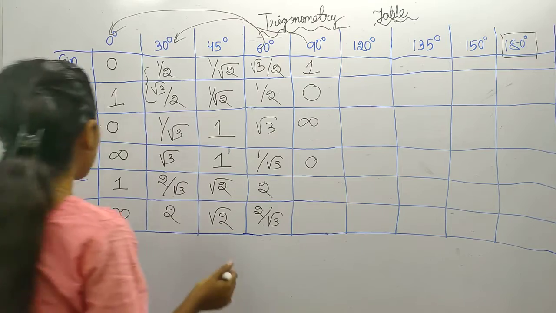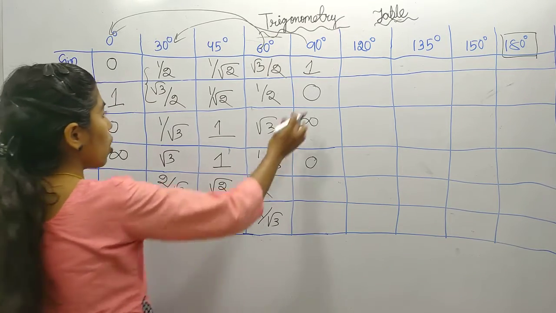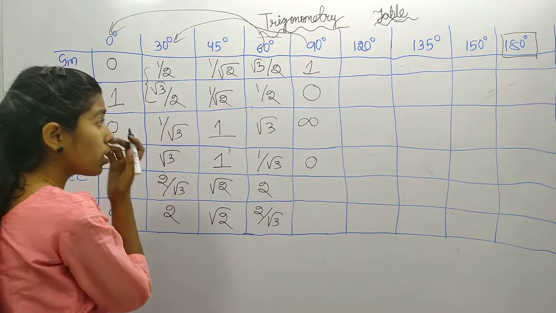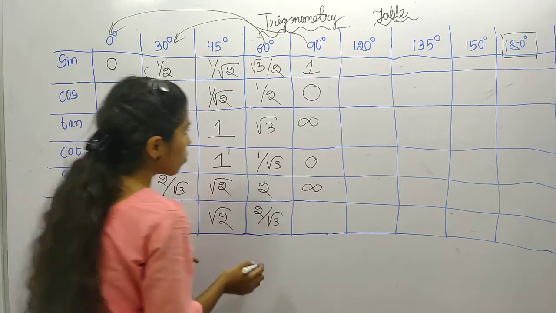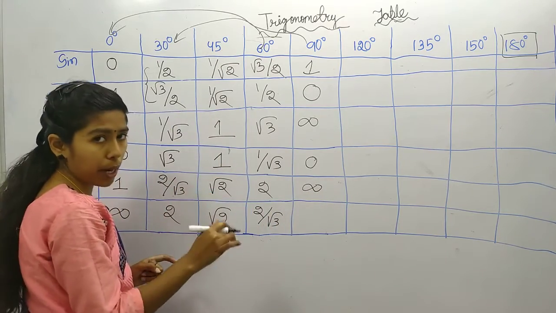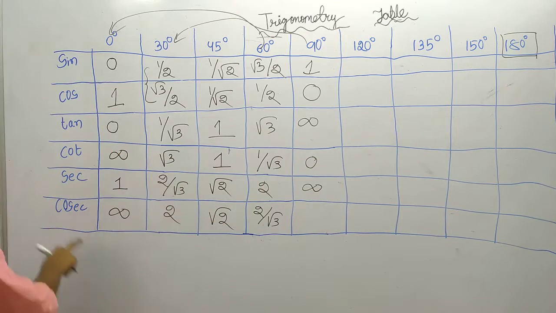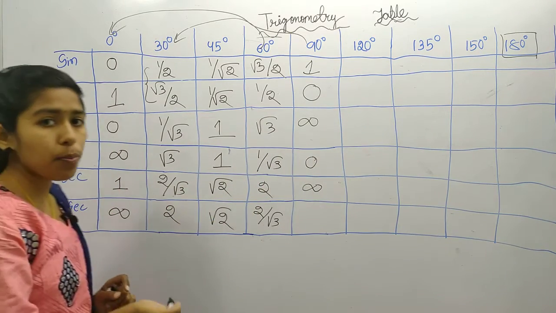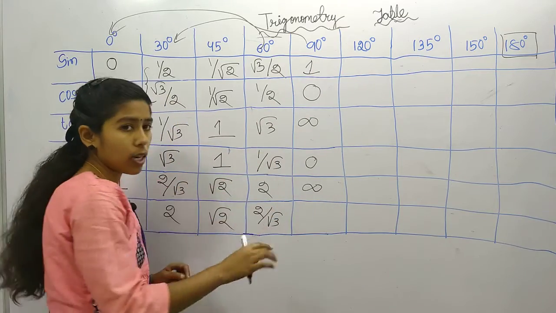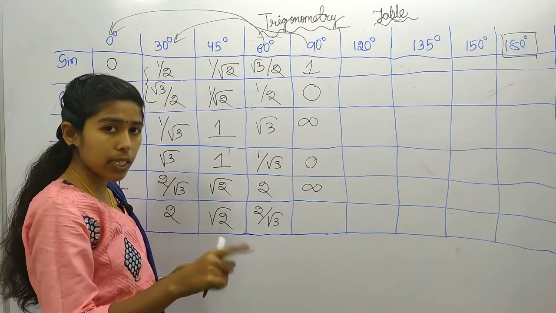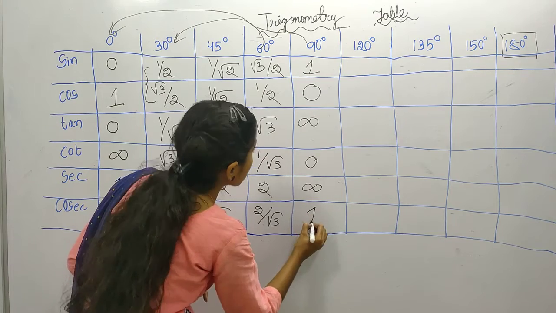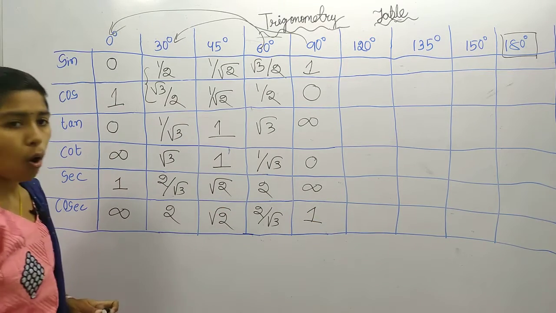Sec. Sec is the reciprocal of cos. Cos is 0, right? So here what will happen? Sec equals to 1 by cos. 1 by 0, anything by 0 is infinity. Next, cosec. Cosec is the reciprocal of sine. Sine is 1. Cosec equals to 1 by sine. 1 by 1. So cosec 90 will be 1. Over.